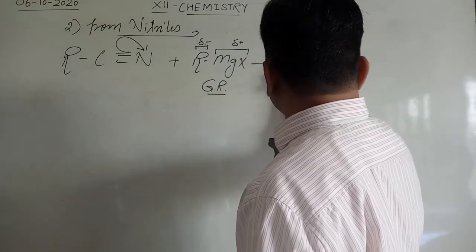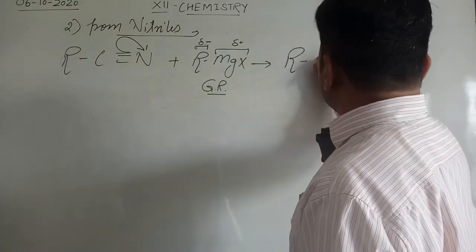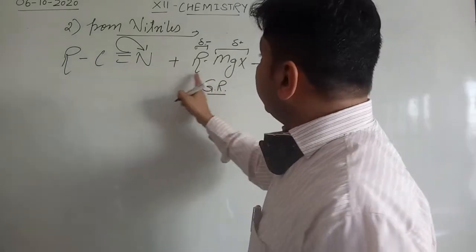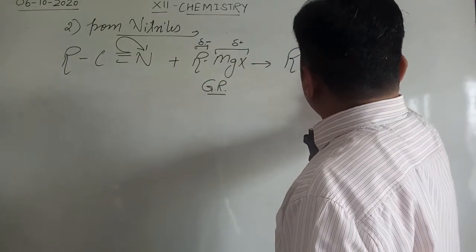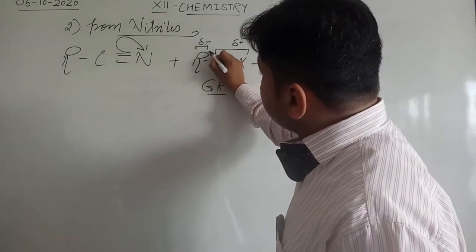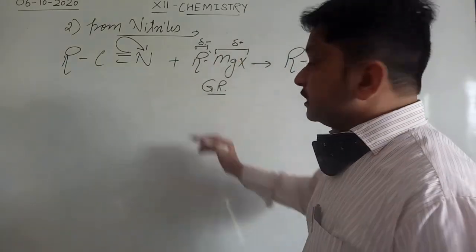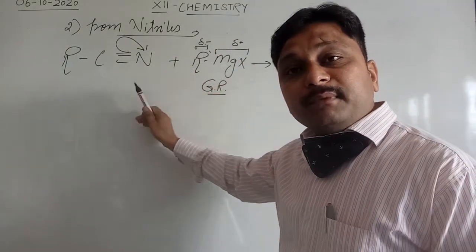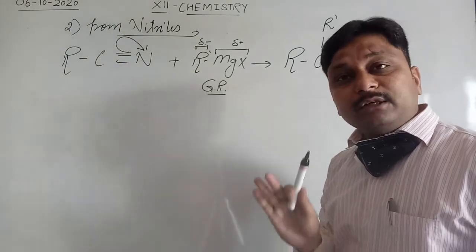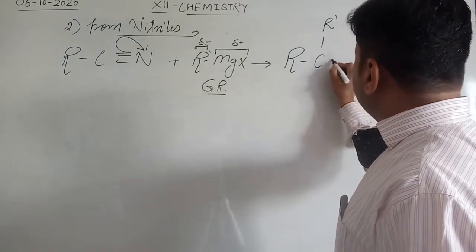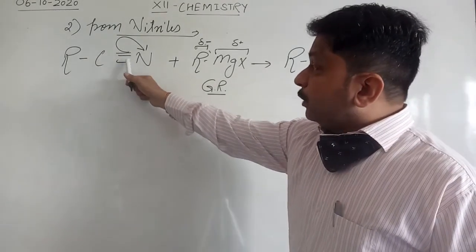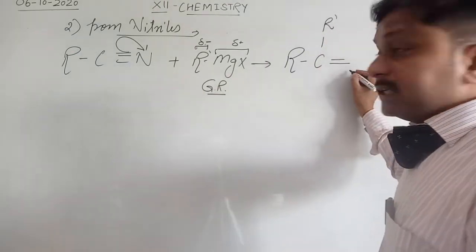So R, C, this C contains R', we can use here the dash, so that it is confirmed that we can use similar and dissimilar alkyl chains both. Clear. Now out of 3 bonds, 2 bonds are remaining.